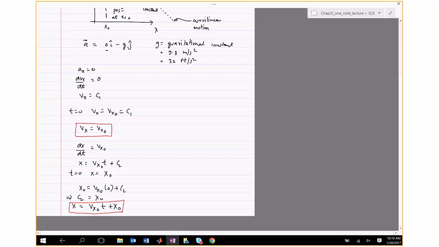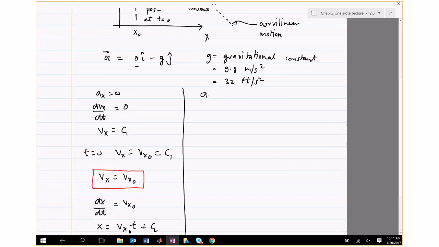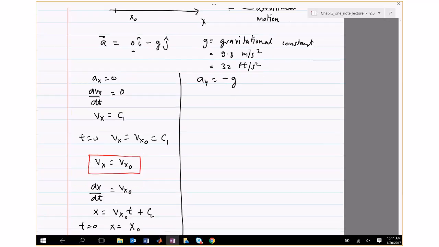For y, I would want you to fill in the blanks. I'm just going to write the final answer. I'll put the steps, but I want you to fill in the blanks. So ay is minus g, and I want you to derive it. If you can't derive it, it is in the book, but you should be comfortable deriving this equation.